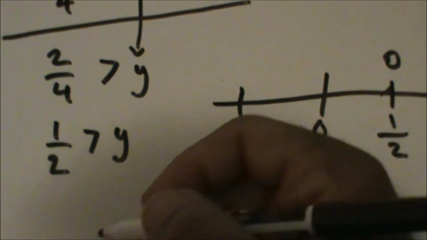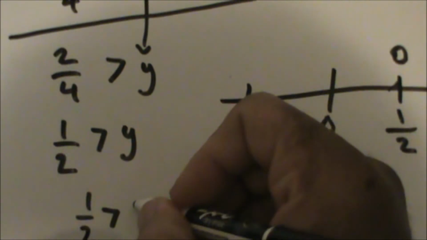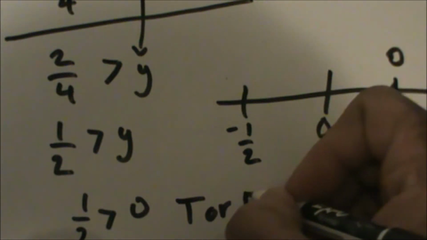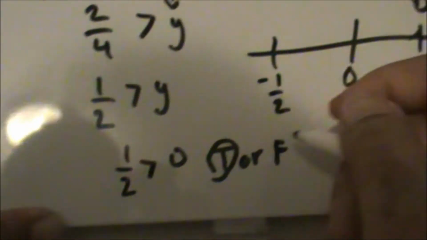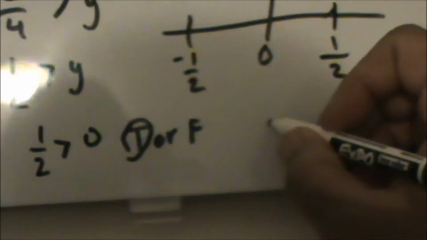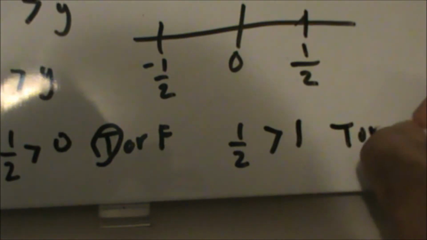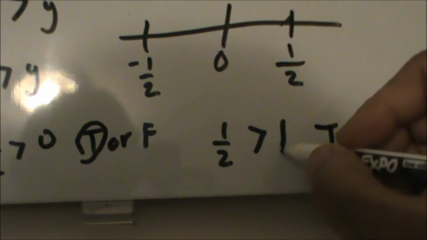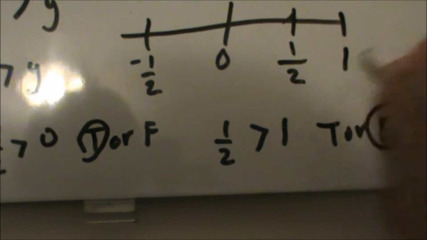Let's do the true and false. 1/2 is greater than 0. True or false? That's true. Is 1/2 greater than 1? True or false? That's false. Look at it: 1 is on the right side of 1/2.